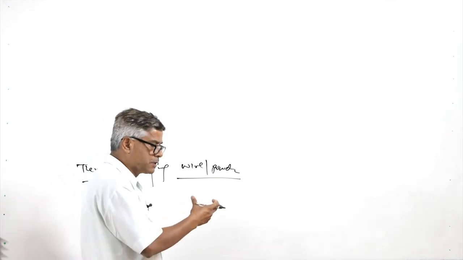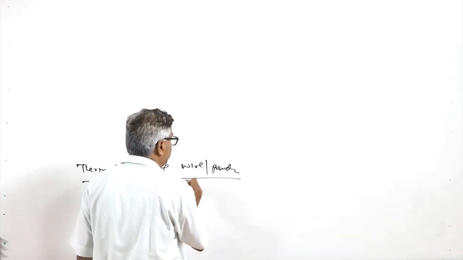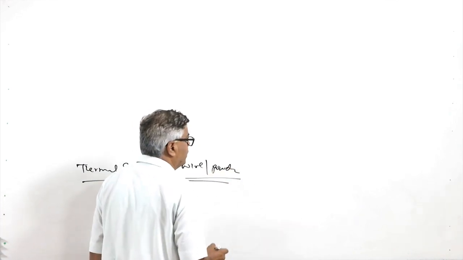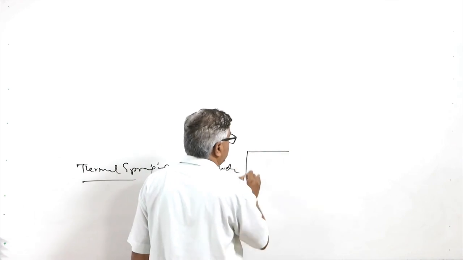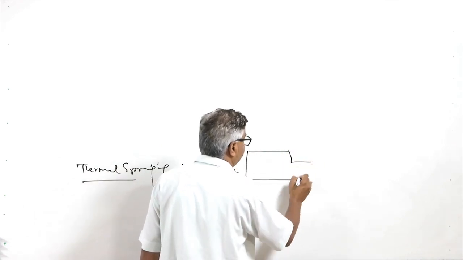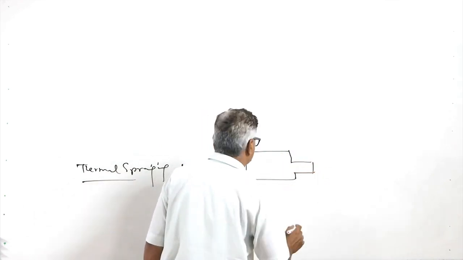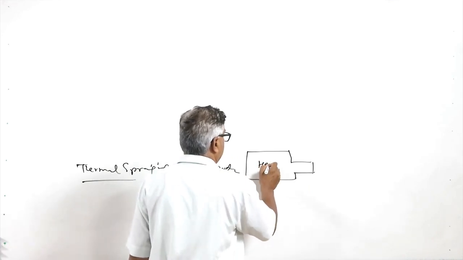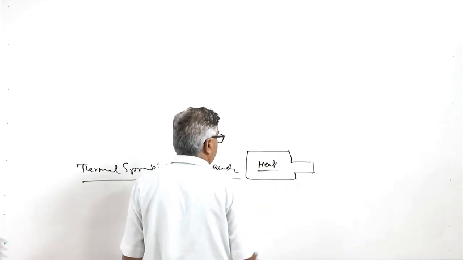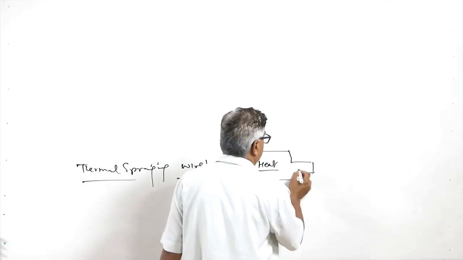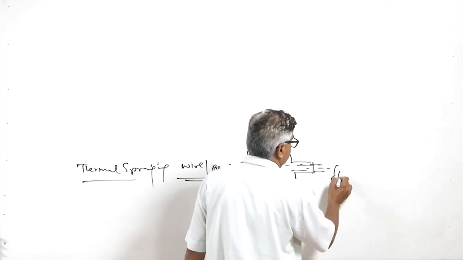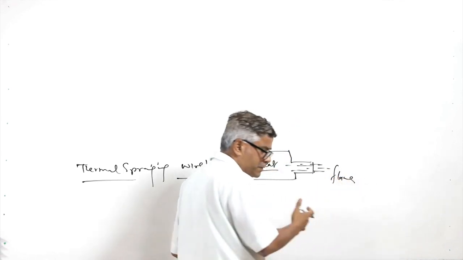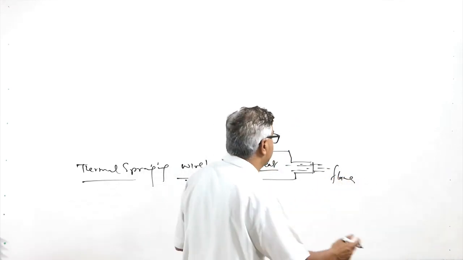So after choosing the suitable material in the suitable form, whether it is in form of wires or powders, the feedstock is fed into the heat source. Basically there is a heat source, and this heat source will be there in form of mostly flames, flames moving at different velocities with different temperatures.